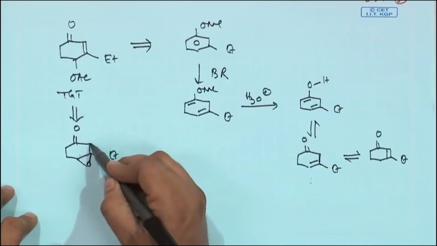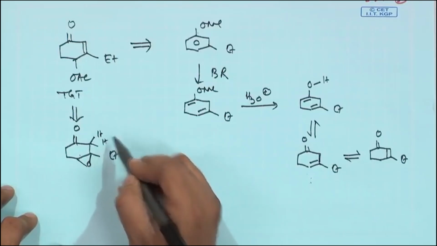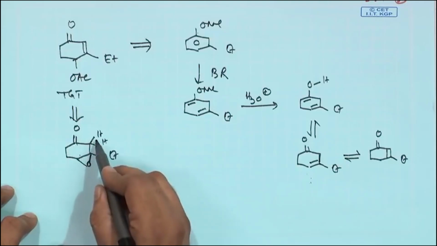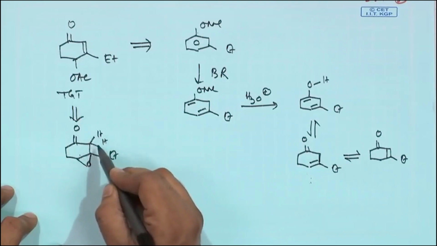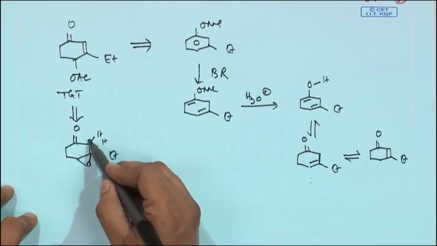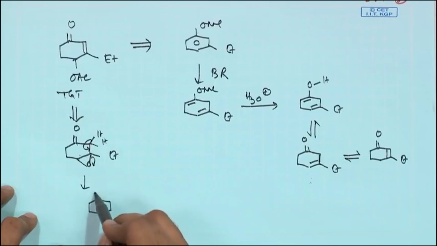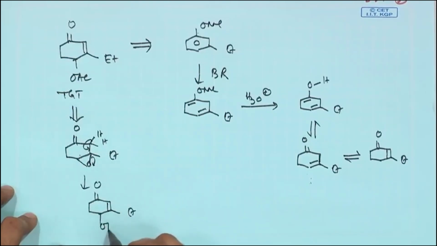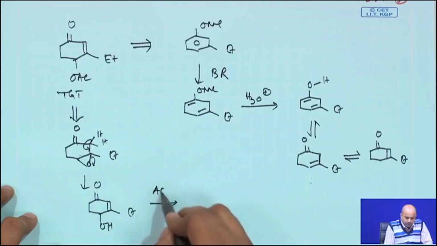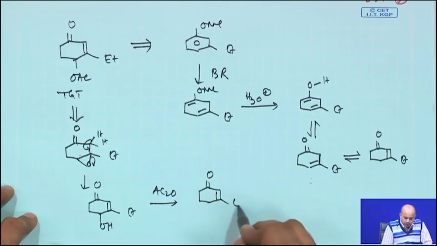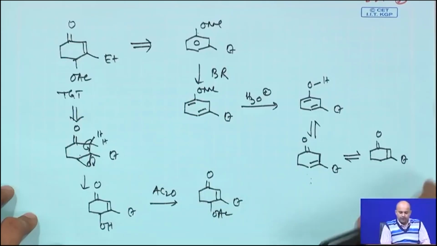Here you have these hydrogens which are acidic due to the presence of this carbonyl group. If this hydrogen is picked up by the base, you can generate a carbanion and that can open up this epoxide to give you ethyl and OH, which can now be converted to the corresponding acetate by treating with acetic anhydride. So, your entire pathway will now be formulated this way.